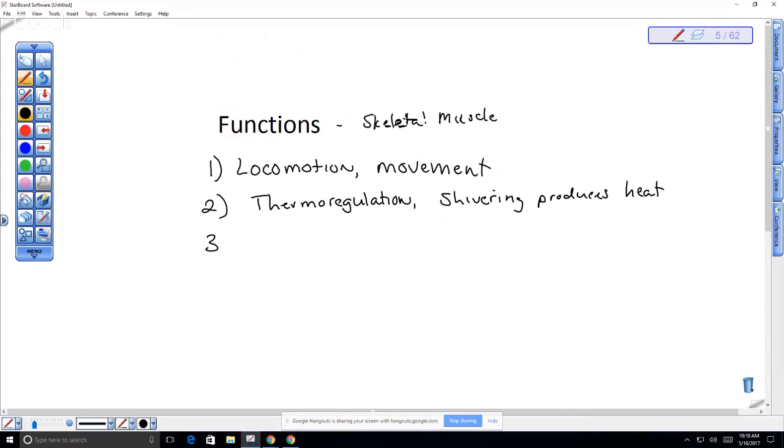Okay. How does it function in joints? Remember that we talked about joints and the role of muscles in the joint. This would have been last quarter when we were talking about bones and joints, where bones articulate with one another. So muscles actually help to stabilize joints, right?